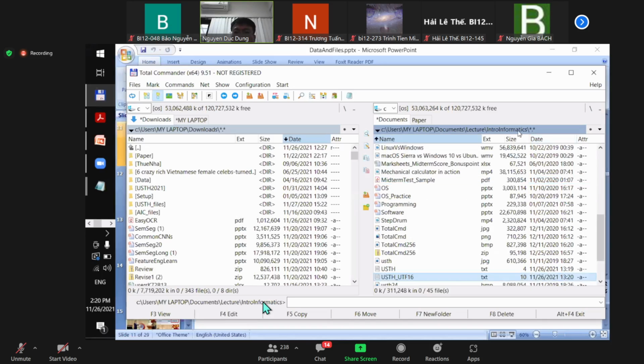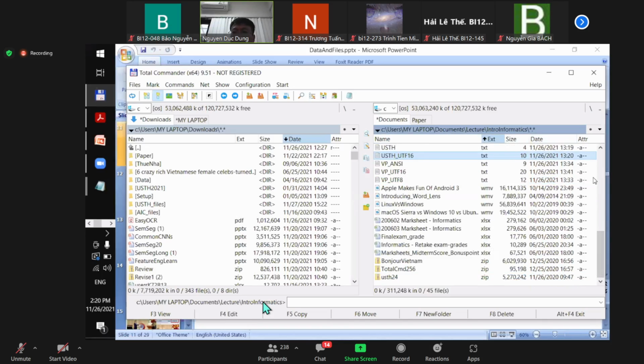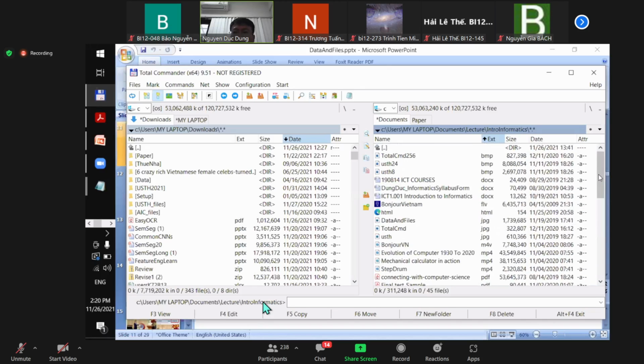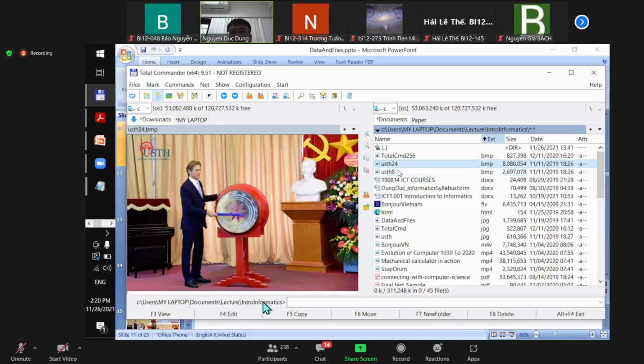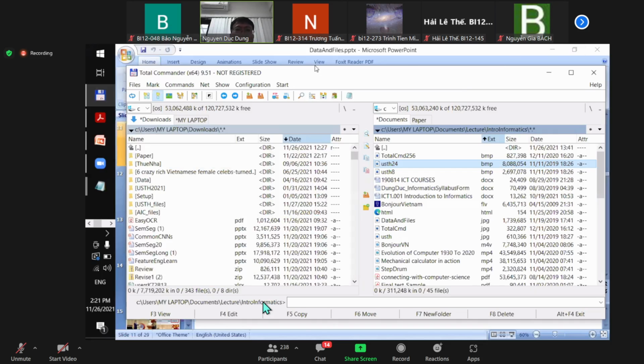Check the bitmaps. So with this one, USTH8 and USTH24, you could see the difference. USTH8 costs 2.6 megabytes, and this one 8 megabytes.